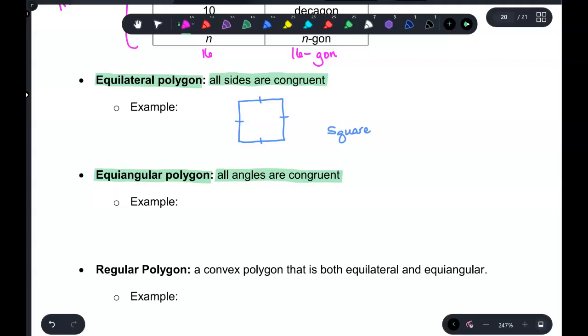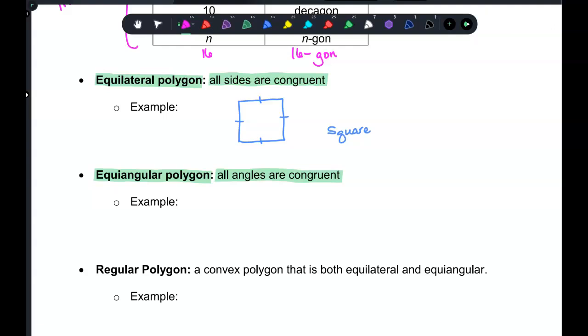All right. So when we make a pentagon, we think of a house. I'll make the top two sides like the top of a house.